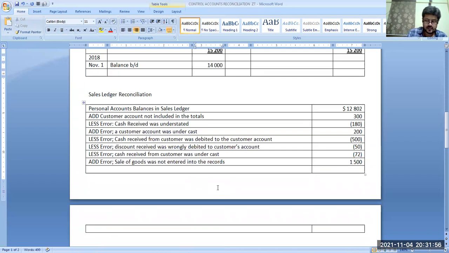It should be 14,000. 12,802 plus 300 minus 180 plus 200 minus 500 minus 50 minus 72, plus 10,802 plus 300 minus, so the answer is, very well.